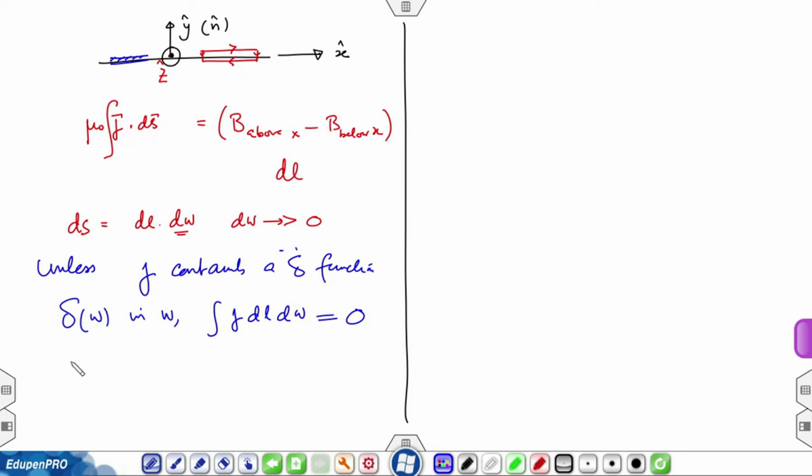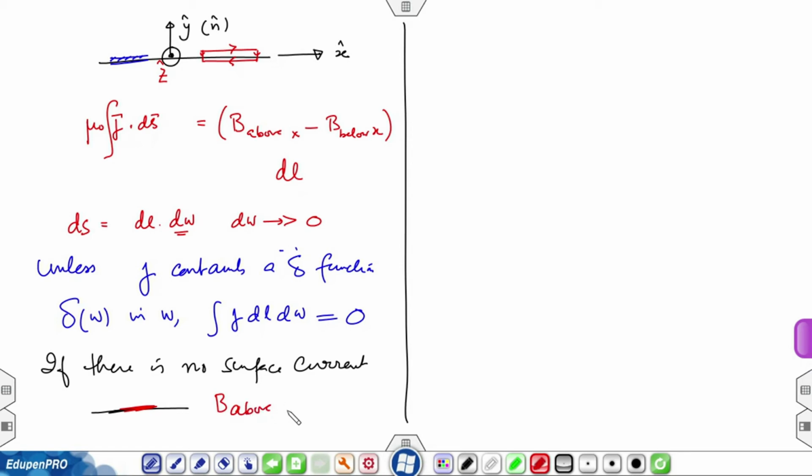So, if there is no surface current, what is surface current? It is flowing on the surface. If there is no surface current, then B above x is equal to B below x. So, x component will be parallel.